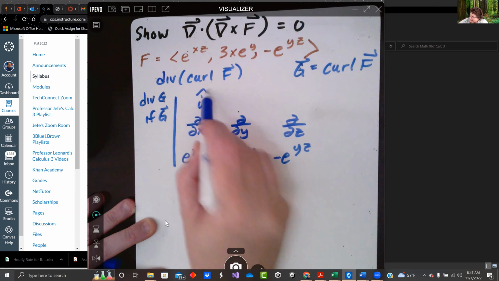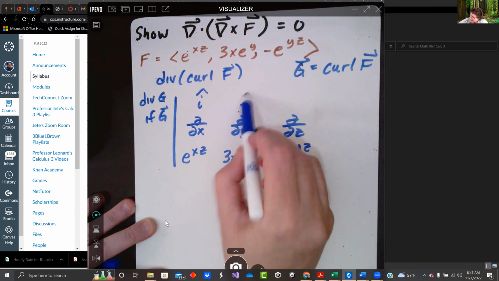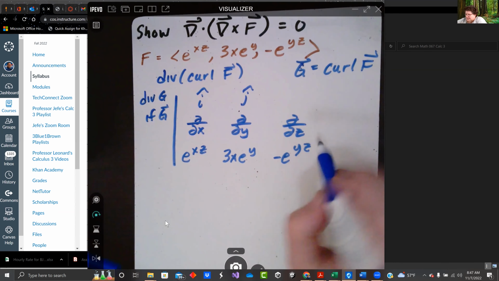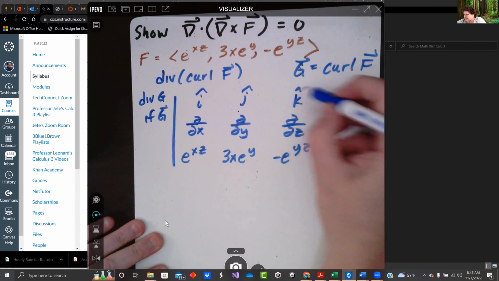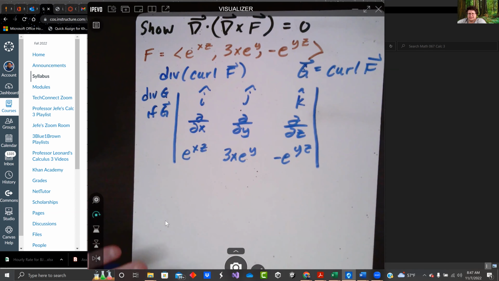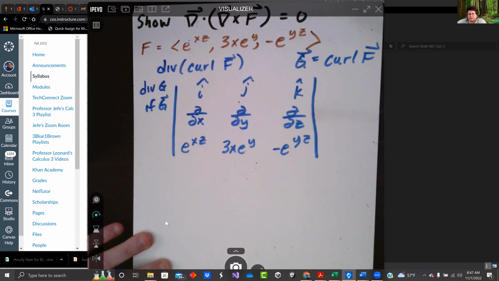I know a lot of you like the subscript notation for partial derivatives, but they don't have a pretty one for the del operator, so you just have to do ddx, ddy, ddz.